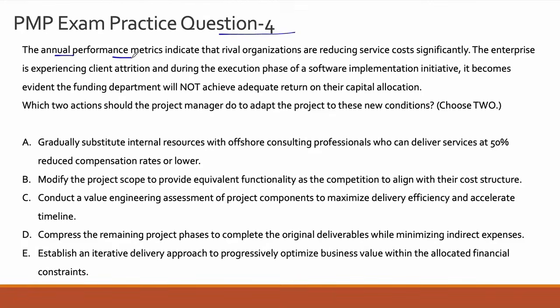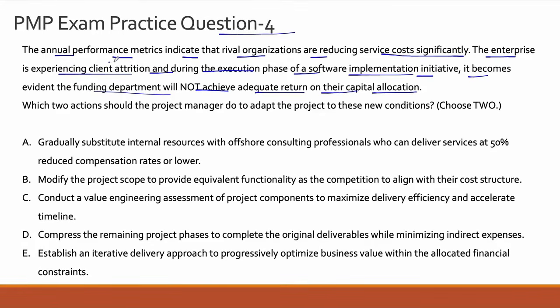The annual performance metrics indicate that rival organizations are reducing service costs significantly for a business, okay? So the enterprise is experiencing client attrition during the execution phase of a software implementation initiative, and it becomes evident that the funding department will not achieve adequate return on their capital allocation.